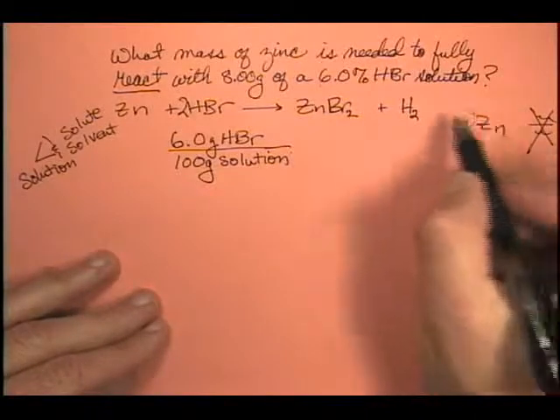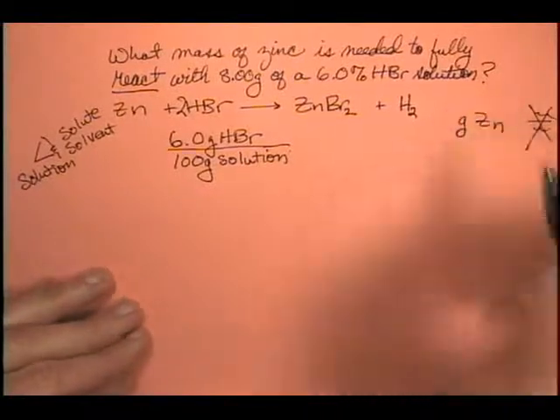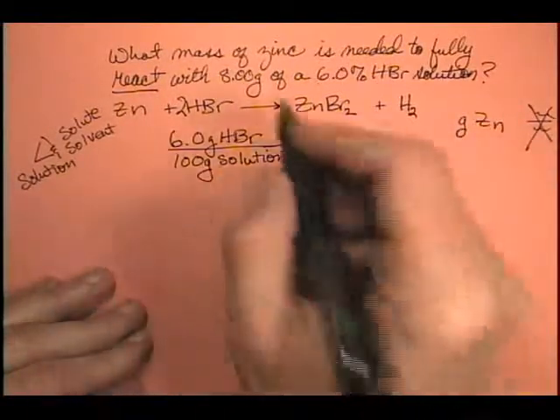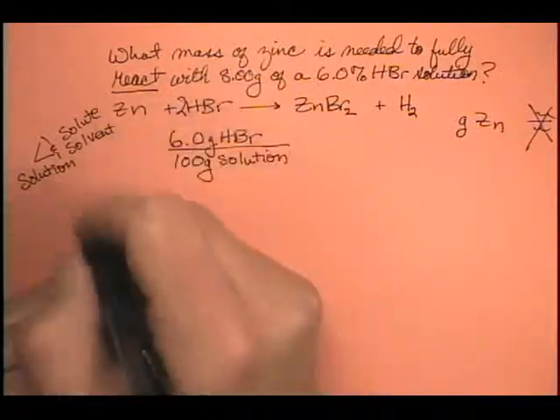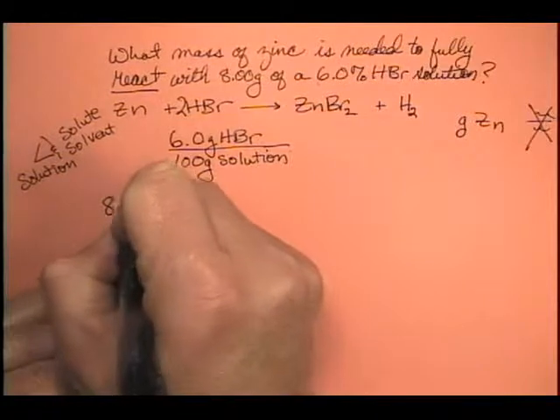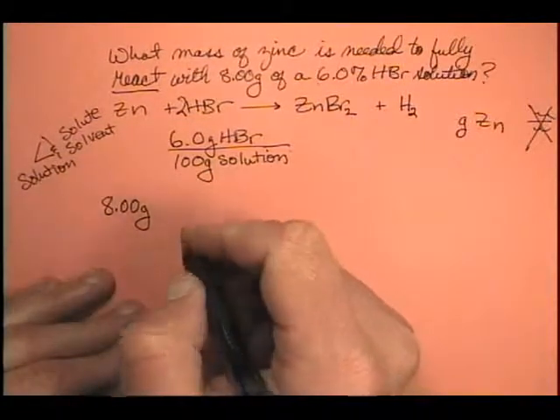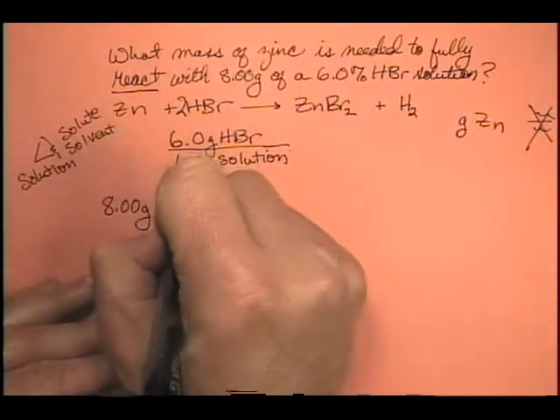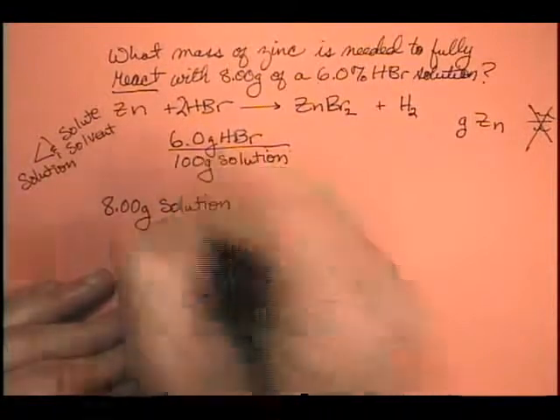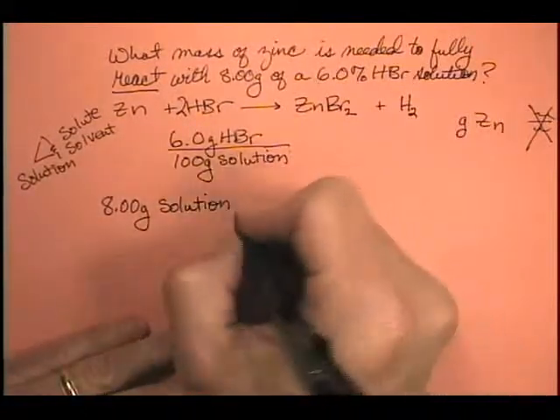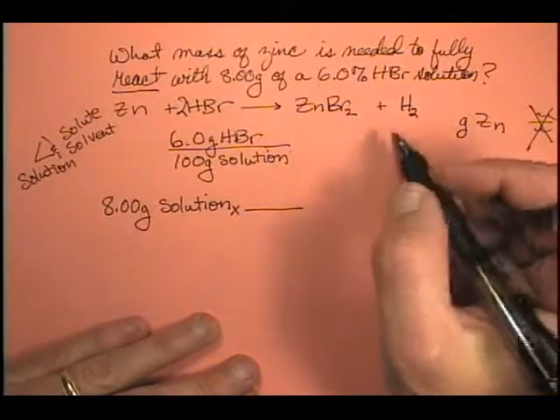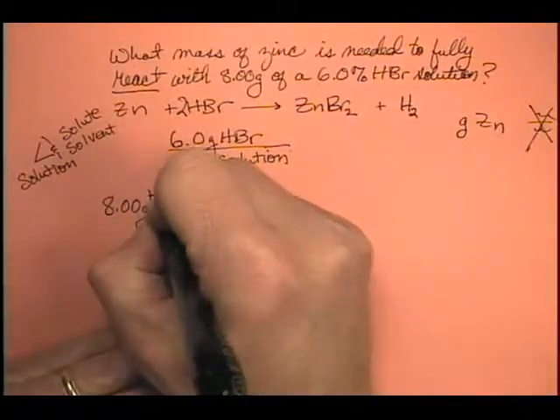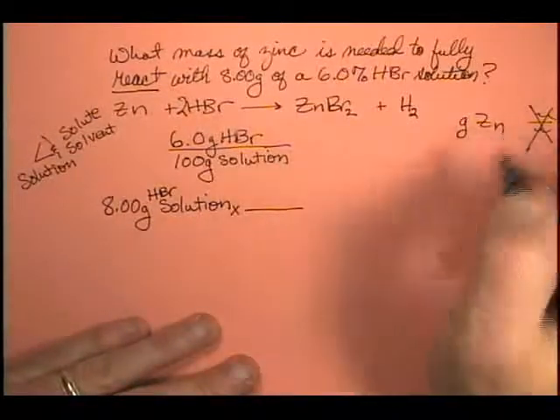Here my grams are still hanging out here, my target units. So I'm going to go ahead and start something that's not something per something. And I'm going to start with 8.00 grams of solution. Okay. HBr solution. Now I need to get from HBr solution to eventually to zinc.